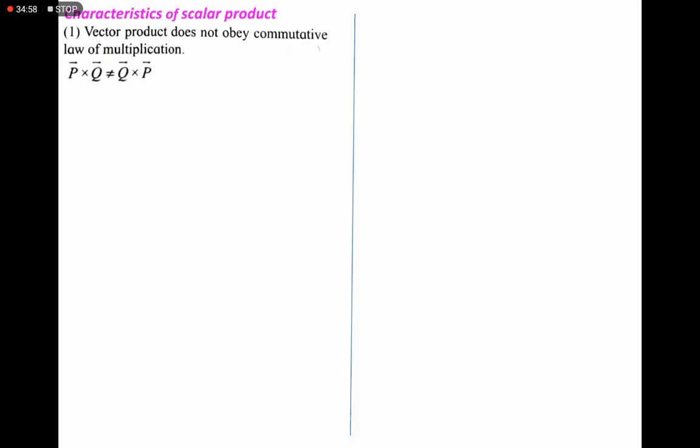Because direction is changed, definitely we'll write P bar cross Q bar is equal to minus Q bar cross P bar.